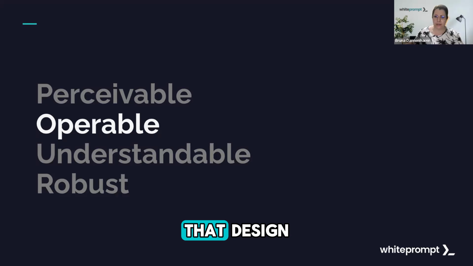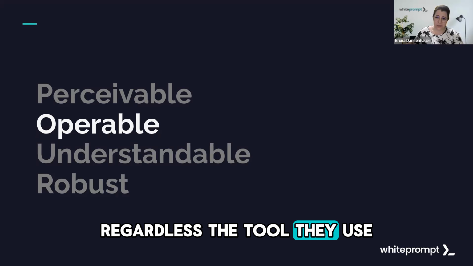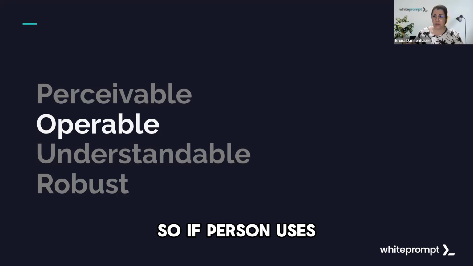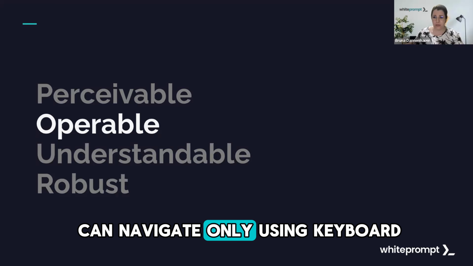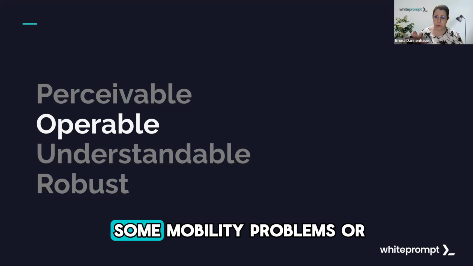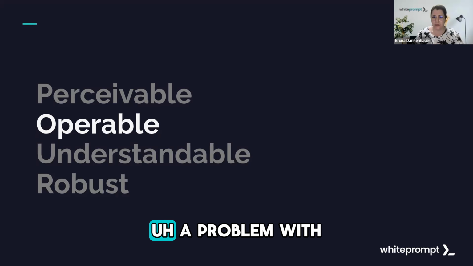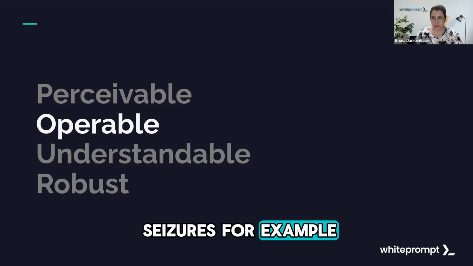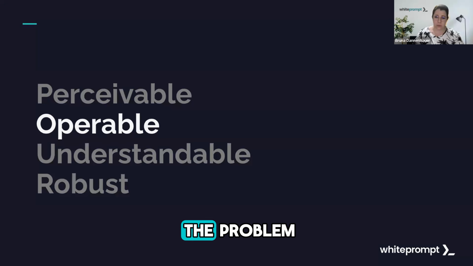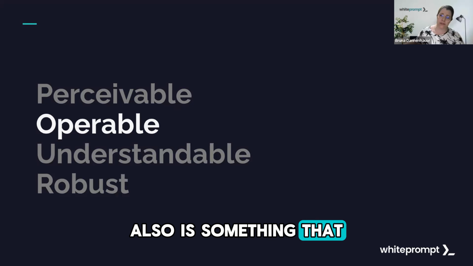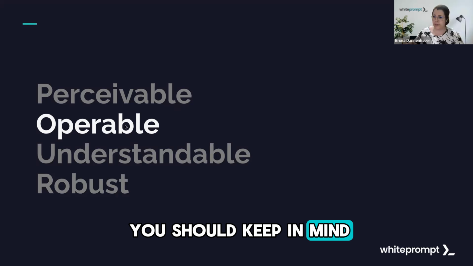Operable means that the design should be developed in a way that users can interact with it, regardless of the tool they use. So if a person can navigate only using a keyboard because they have some mobility problems, or if the person has a problem with seizures, for example, that is also something you should keep in mind.